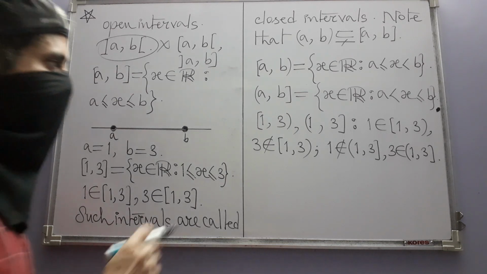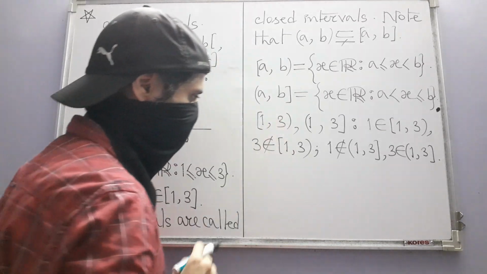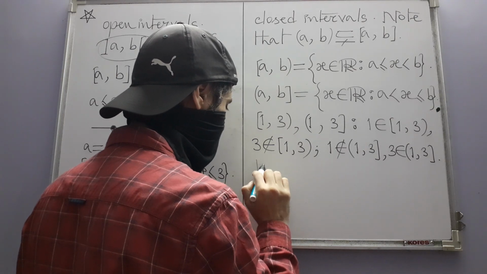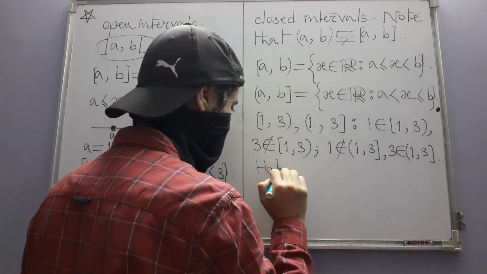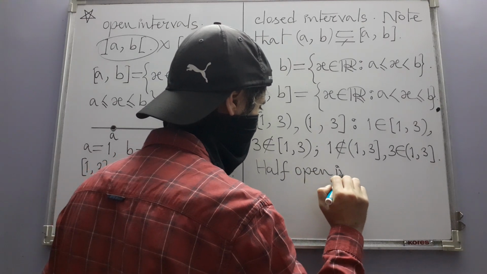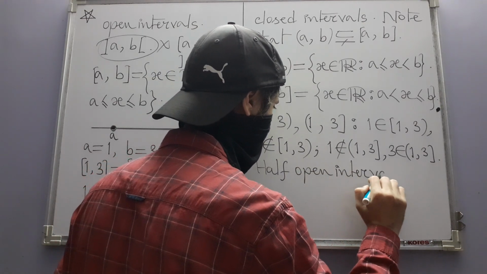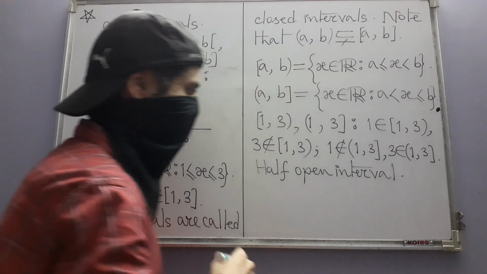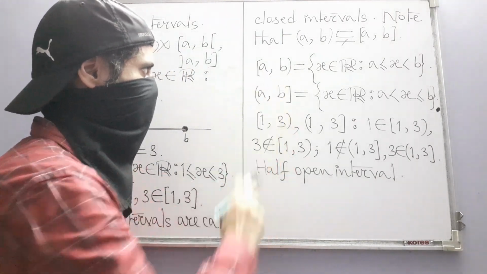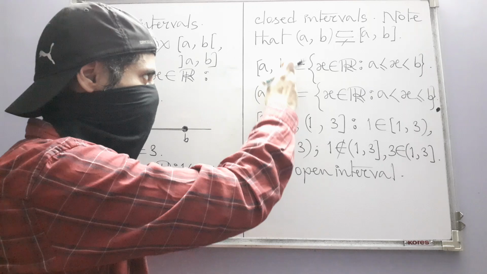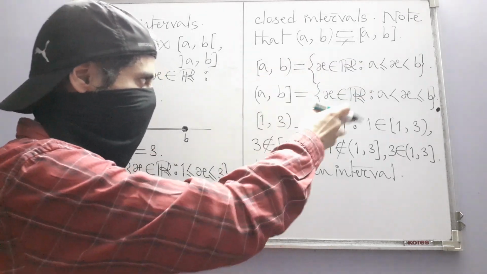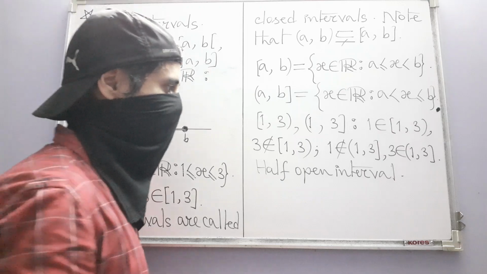These two types of intervals are collectively called half open intervals. If you want to be more specific, sometimes this type of intervals are called closed open intervals, and this type of intervals are called open closed intervals.